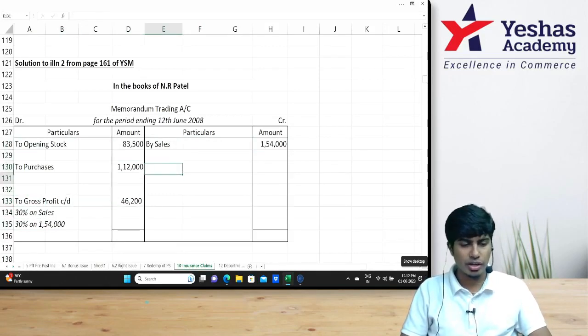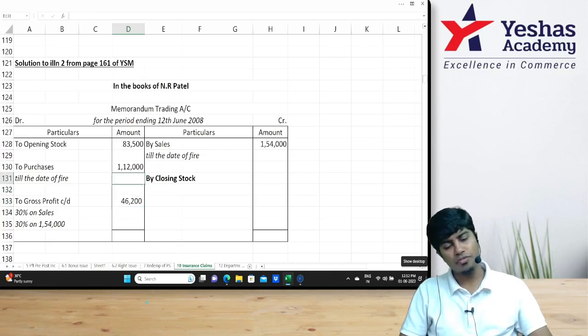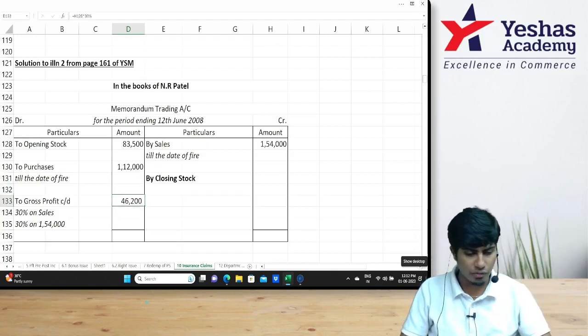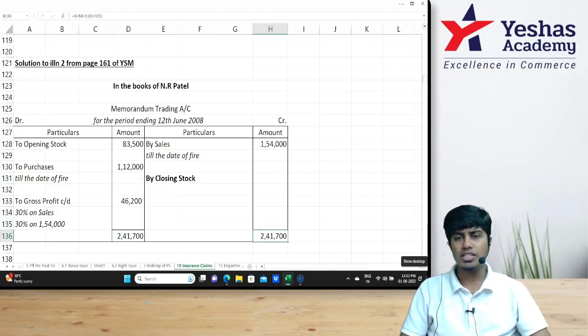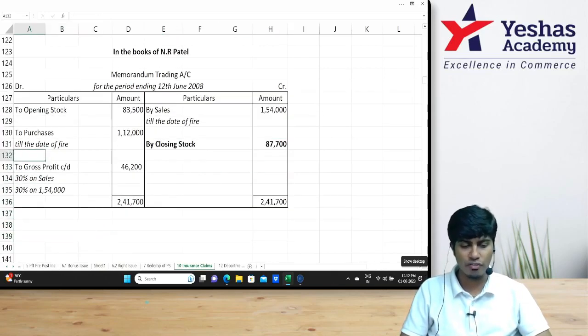We'll find the closing stock as balancing figure. This is till the date of fire. Sales is also till the date of fire. How much is the total? 146, 148, 158, 161, 241,700. 241,700 minus 154,000, 46,000 plus 40,000, 86,700. So 87,700 is closing stock. This is stock as on date of fire.